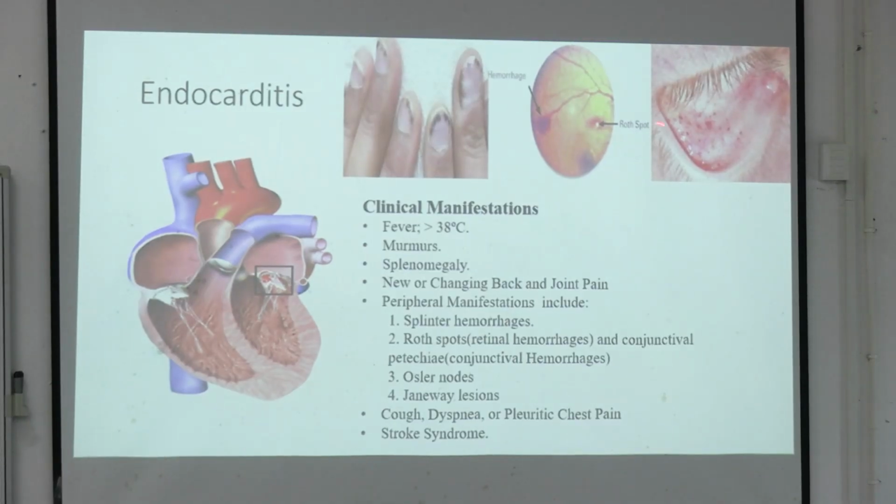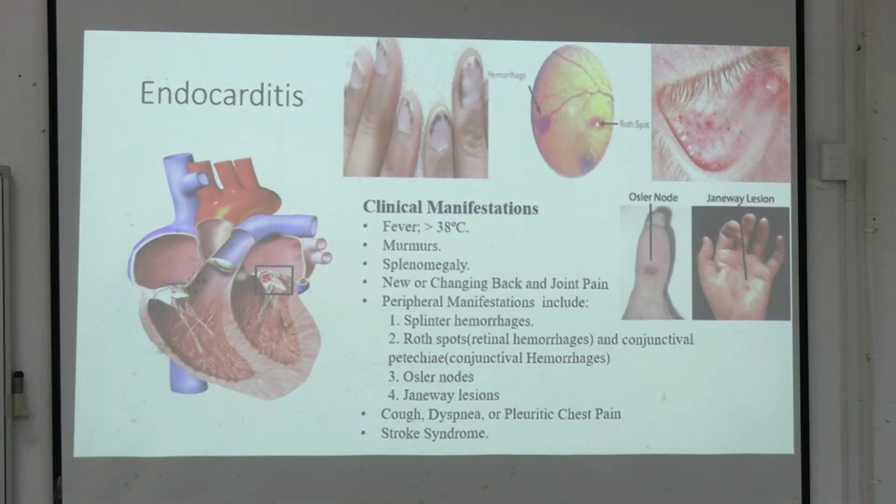You can see very small dots of hemorrhage in the lower palpebral conjunctiva. Or we can find manifestations like Osler nodes, generally present in the joints of the hands. Or skin lesions, these are called Janeway lesions. These lesions are very much indicative of infective endocarditis.